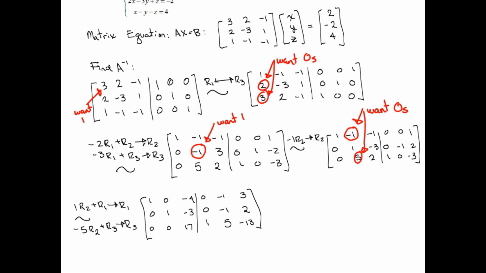Now we move to the third column. So the first thing we want to do is get our 1 right here. So we're going to multiply that row by 1/17.